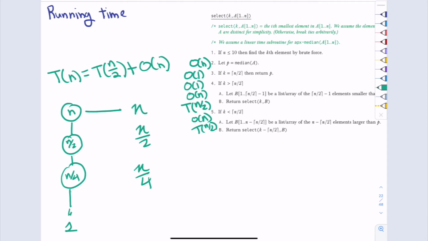What does n plus n over 2 plus n over 4 plus all that add up to? Yeah, O of n. Just because in general, 1/2 plus 1/4 plus 1/8 plus 1/16, it never quite gets to 1. But in general, any geometric decreasing sequence, even ones not as nice as 1/2, sum to a constant. Maybe a bigger constant. If it was 2/3, it would be something closer to 3/2 or something.